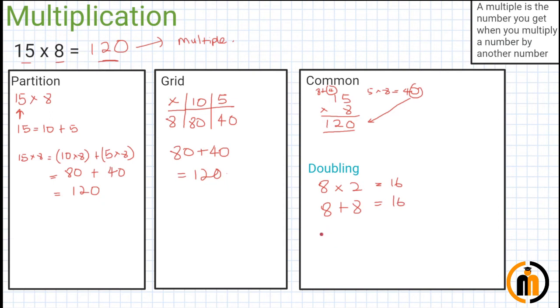Now if you see larger numbers, for example 800, and I ask you to double this, you know 8 doubled is 16, and then you write the zeros at the back. That's one way of looking at this.